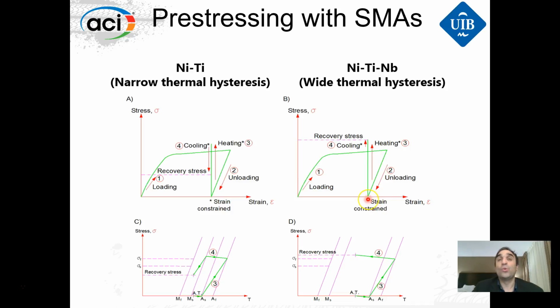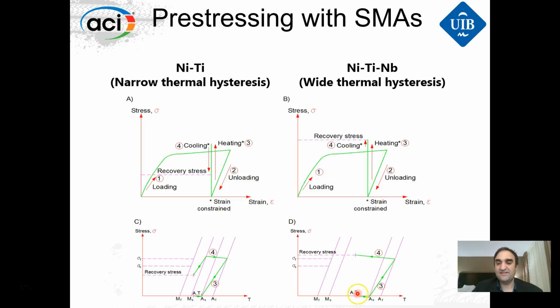And then we are going to wrap the beam for shear strengthening, or we are going to put the reinforcement just longitudinally and fix it to the beam. So we are going to constrain this strain, and then we are going to heat it and cool it. And we will have these nice recovery stresses. Here you can see this phase diagram, transformation diagram.